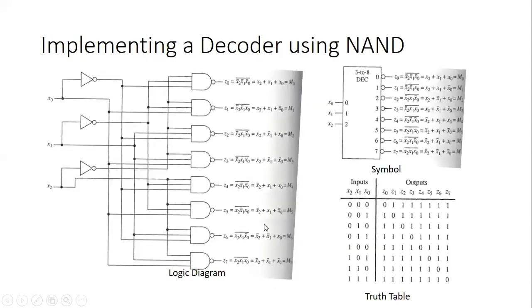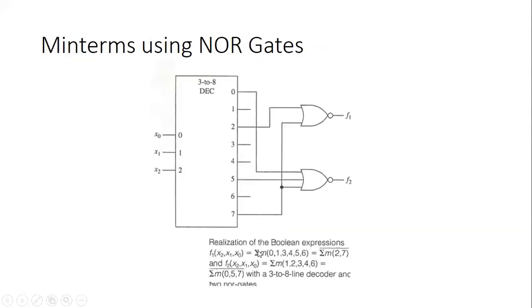Now, suppose I want to realize a function, summation m of 0, 1, 3, 4, 5, 6. Now, this is a min term function. What does a min term function mean? It is a sum of products expression.